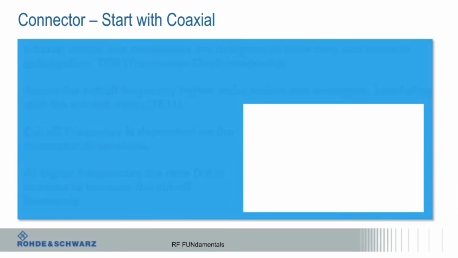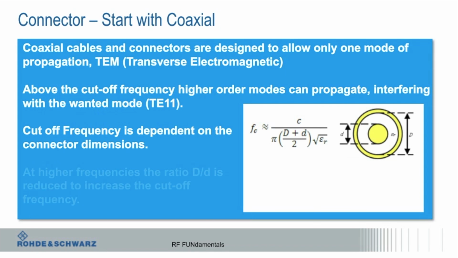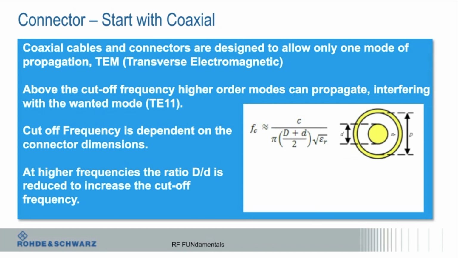So what's next? Connectors, starting with the coax. I doubt anyone here is going to actually manufacture a cable. If you are, whatever. Designing a cable gives you the cutoff frequency for a coax cable.